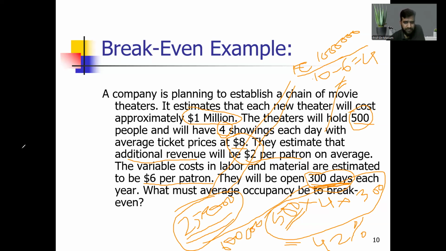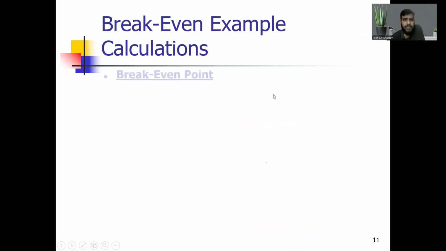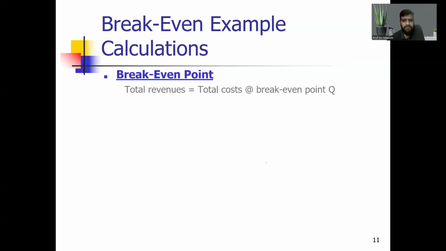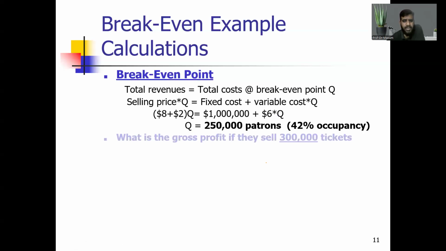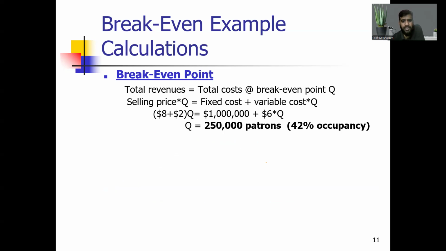Have you got the idea? Here, the break-even point: 250,000 or 42% occupancy. Have you got it? How we got it?